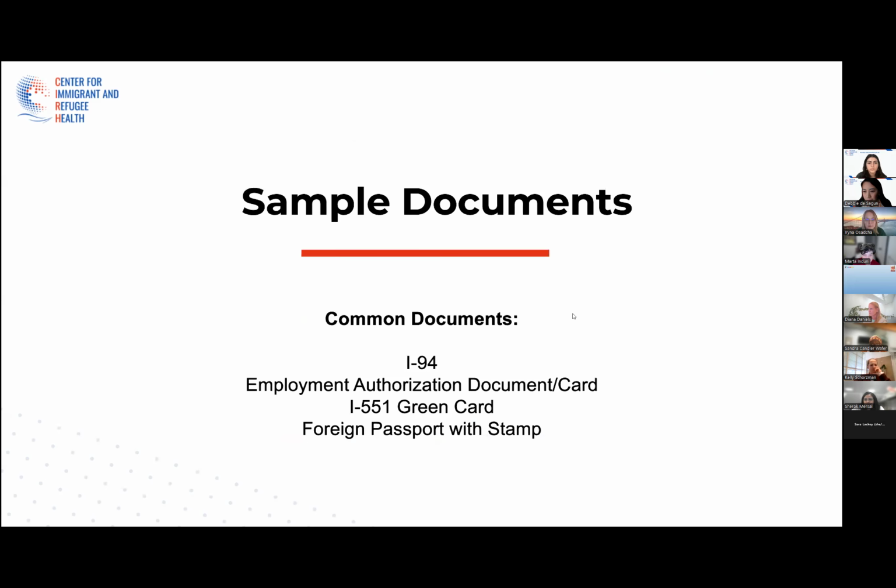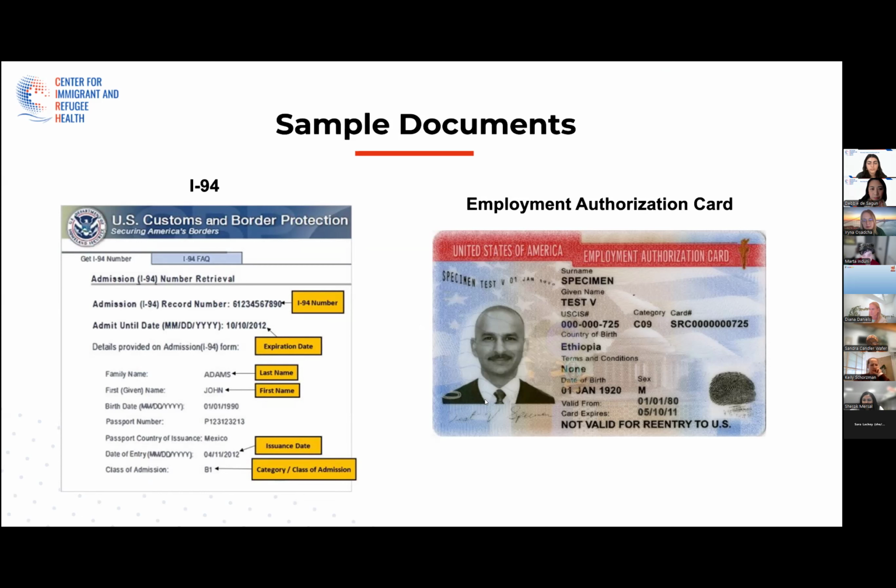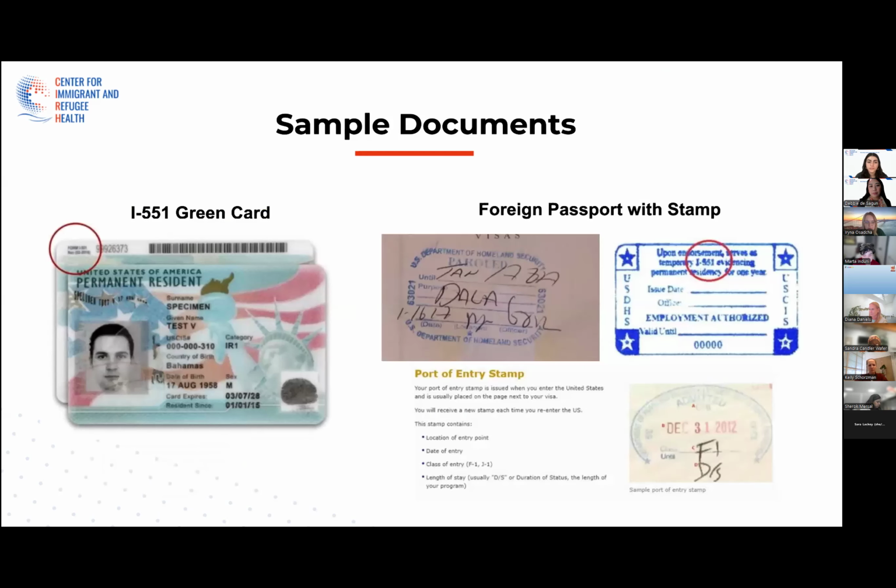And we see the valid-from date and the card expiration date as well. But the most important thing is to see the category here and the alien number as needed. The same goes for green card holders. They have alien numbers here and the category for a special immigrant visa here.